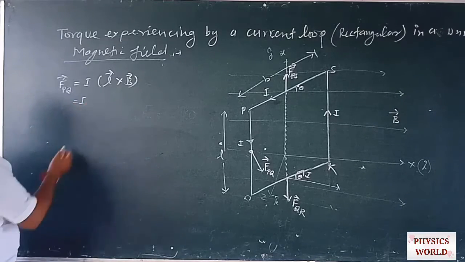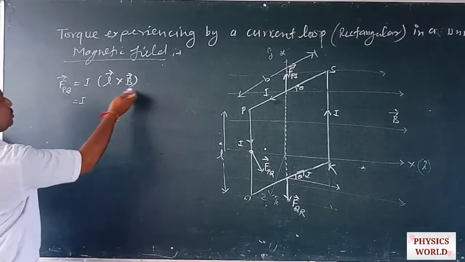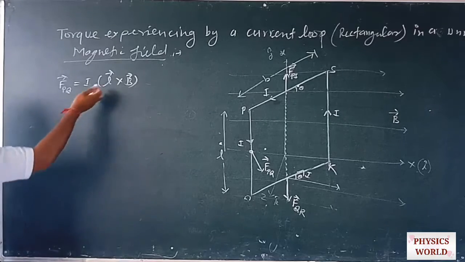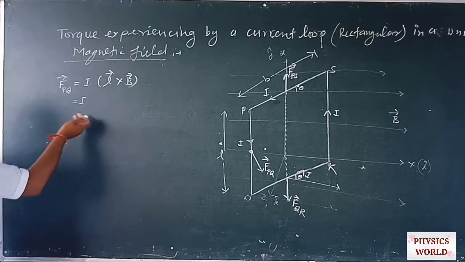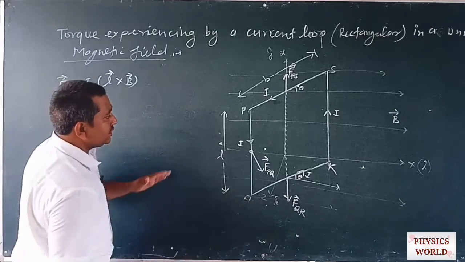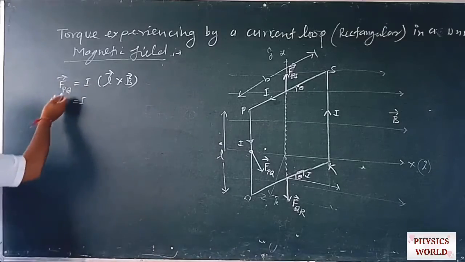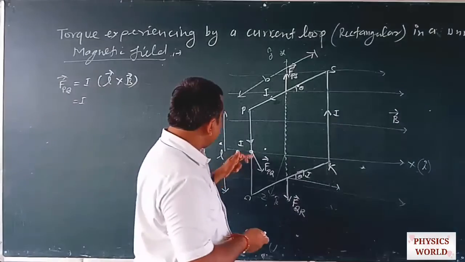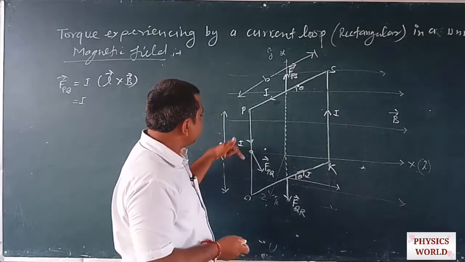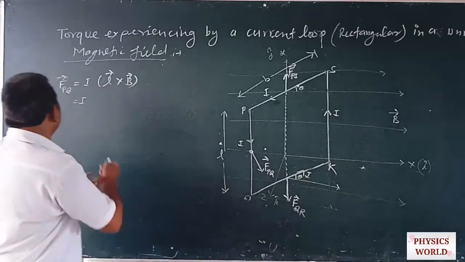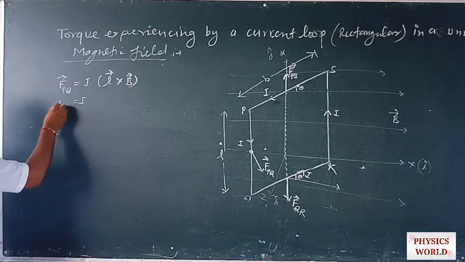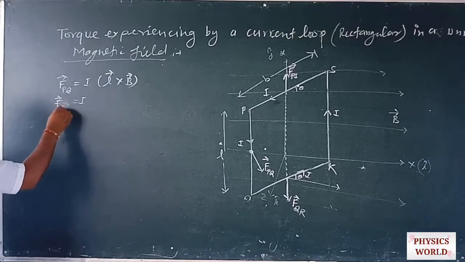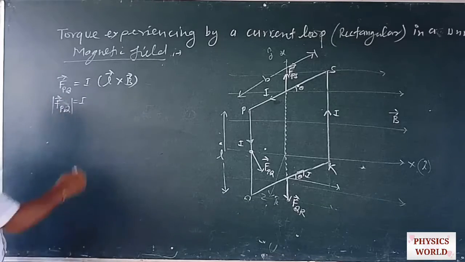So this can be written as, if we explain it, then we get ILB, and the direction of this is along this, that is normal to the plane of the board, normal to both I and B. So if we write FPQ, what will be the magnitude of this force?